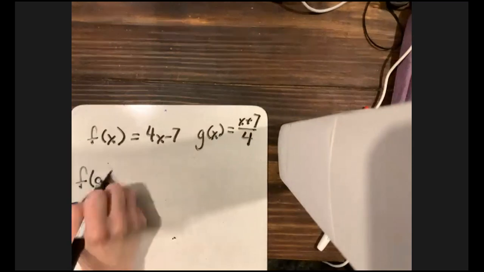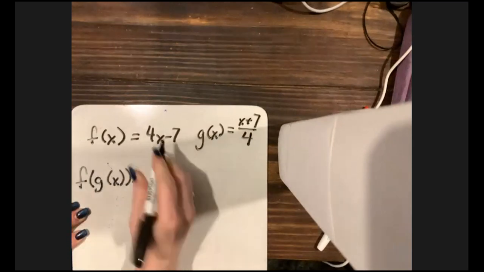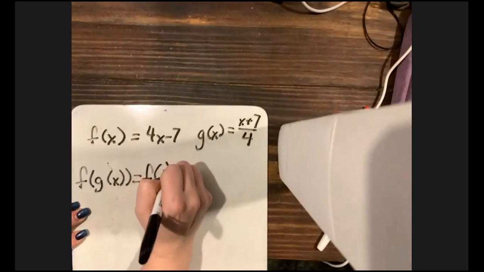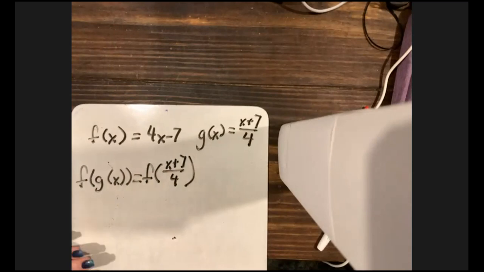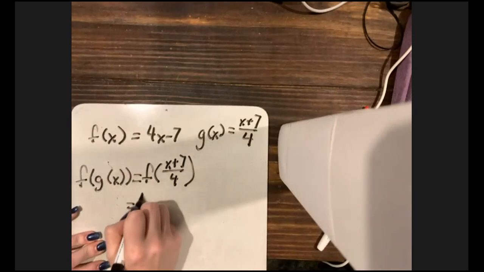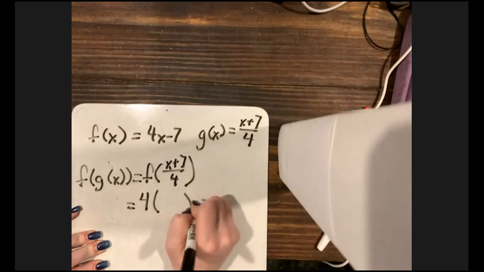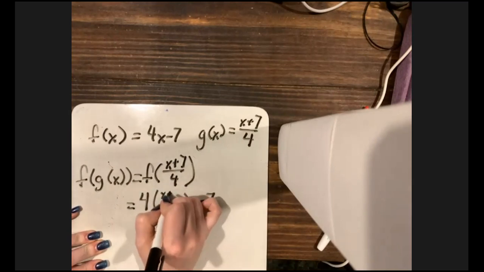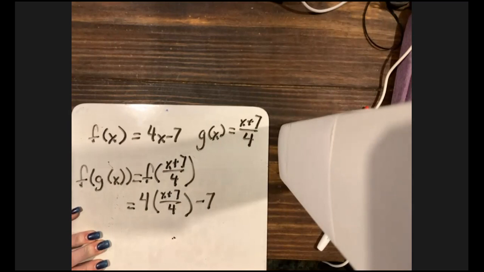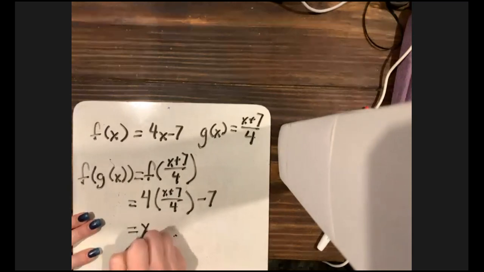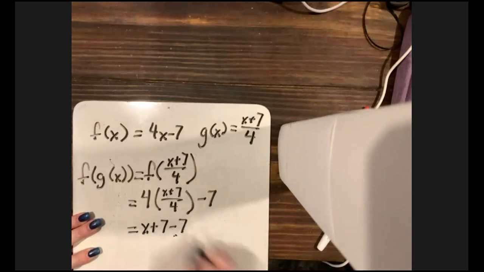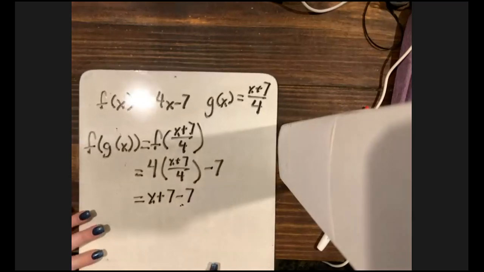Round 1. Okay, this 4 in against that divide by 4 is going to cancel. So it's going to leave me x plus 7 minus 7. That plus 7 minus 7 is going to cancel.